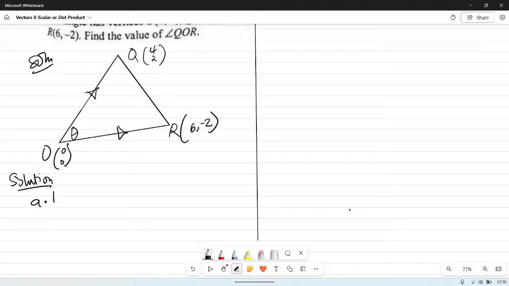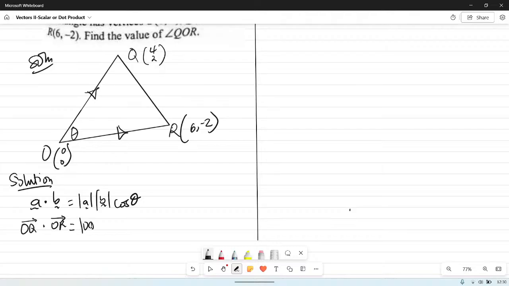A dot B equals |A||B| cos theta, where A and B can be diverging or converging. In this case, any of them can be A or B. So let's say OQ dot OR. As I said, I prefer the divergent.